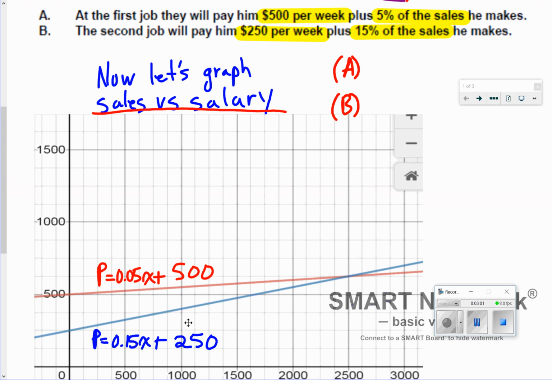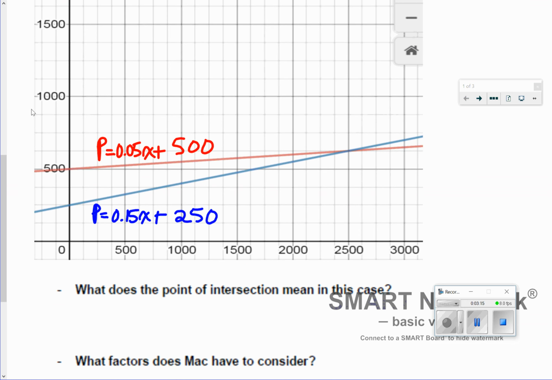Now, before the point of intersection, the place where you get the most money is the red line. And after the point of intersection, the place where you make the most money is the blue line. Make sure you also label the sides of your equation as pay and sales.